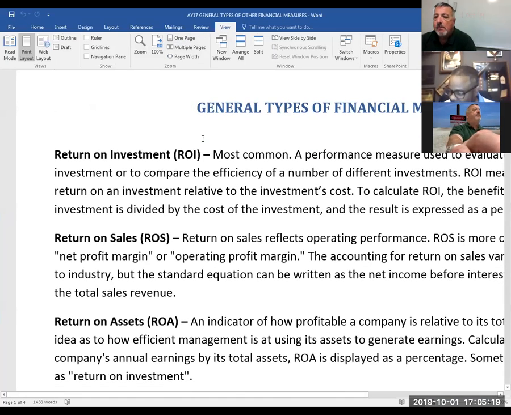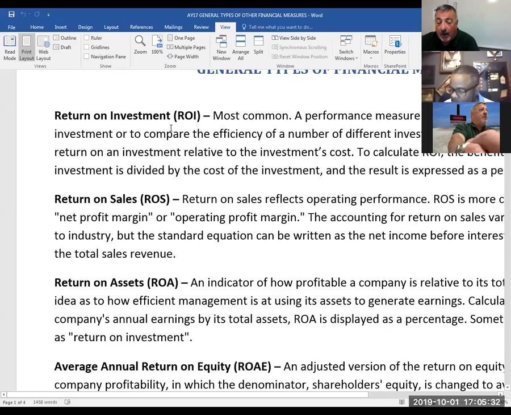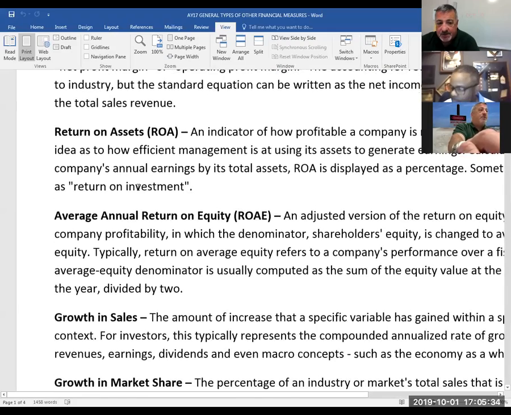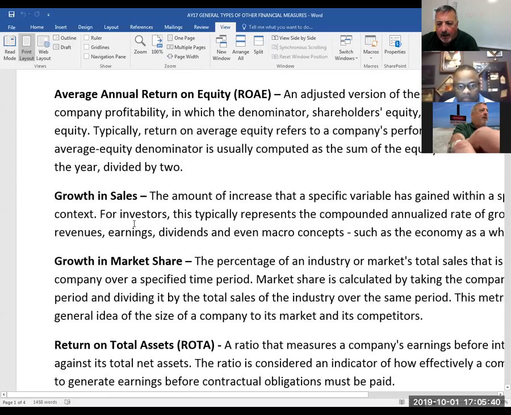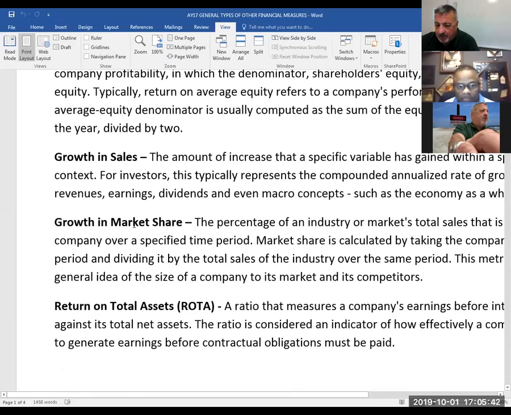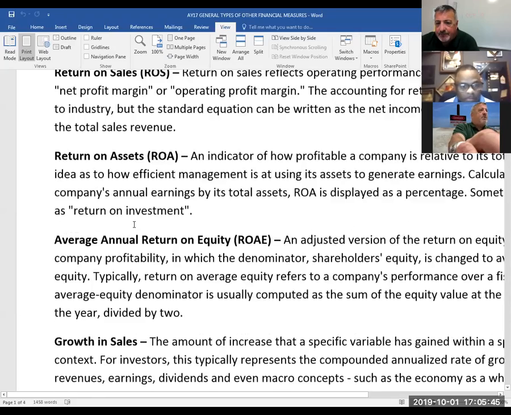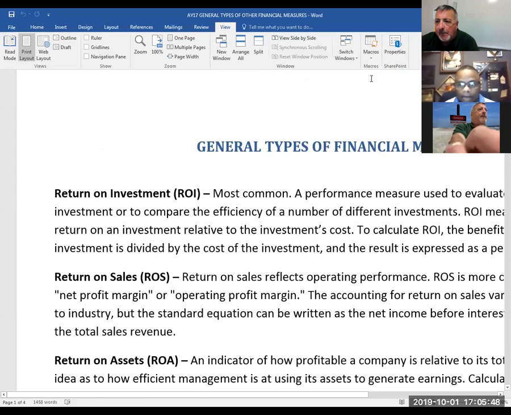Okay, so I'm talking in the question about non-financial, and you read in your text, you'll see what some of those are. The general types of financial measures are ROI, return on investment, return on sales, return on assets, annual return on equity, and then there are some others: growth in sales, growth in market share. So the bottom line here is that as you're developing innovation and you've done your global business plan, remember how you're taking that innovation to the market.